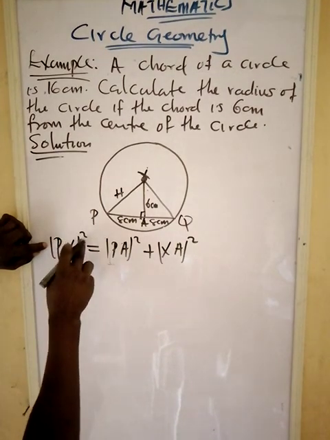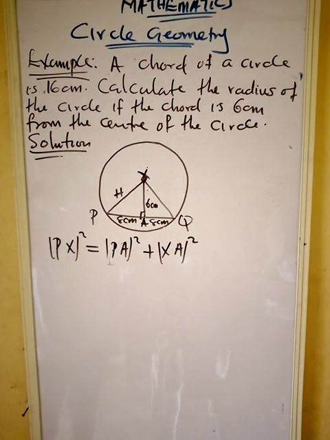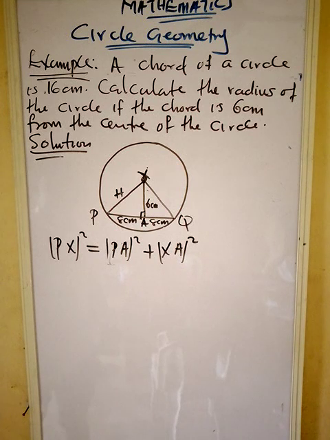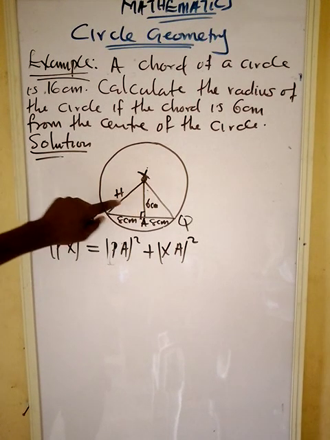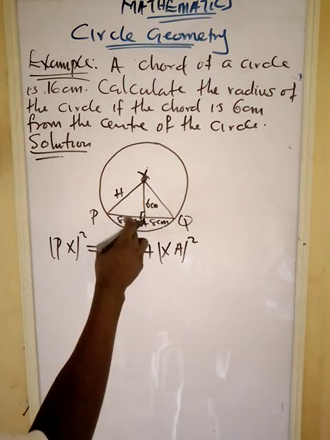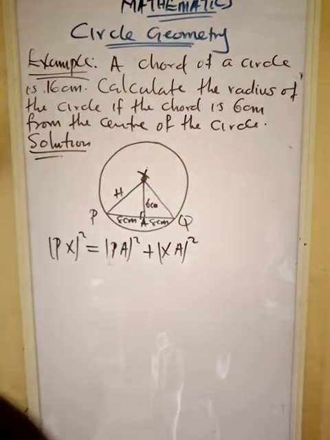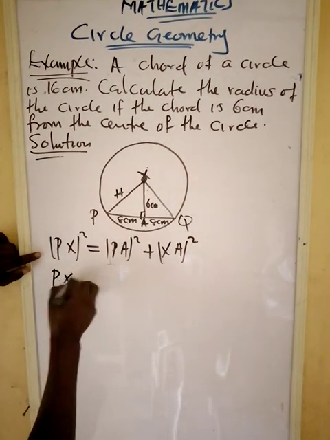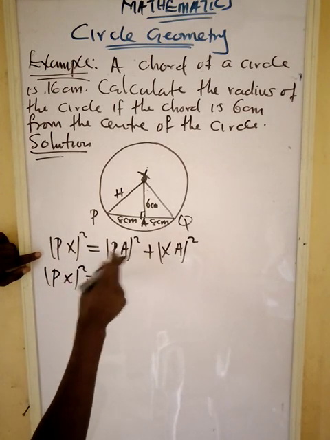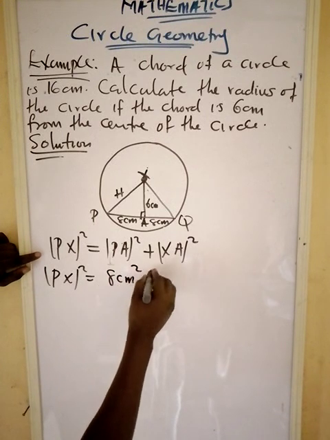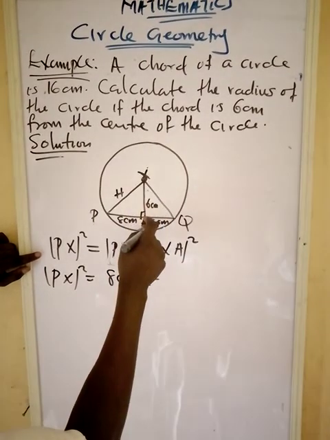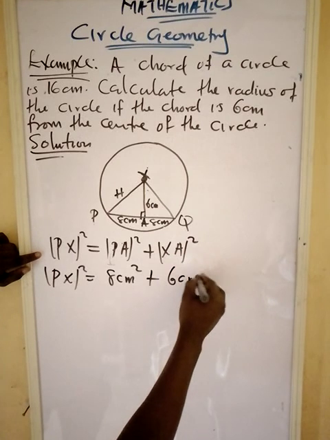Don't forget, in our trigonometry ratio, any side facing 90 degrees is our hypotenuse. So hypotenuse squared equals opposite squared plus adjacent squared. So PX squared equals PA squared, our PA is 8 centimeter, plus XA squared, which is 6 centimeter squared.